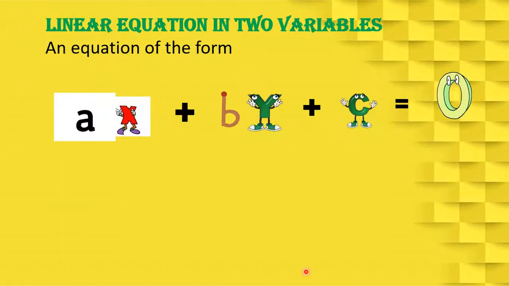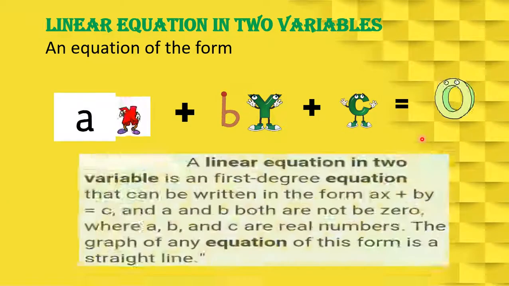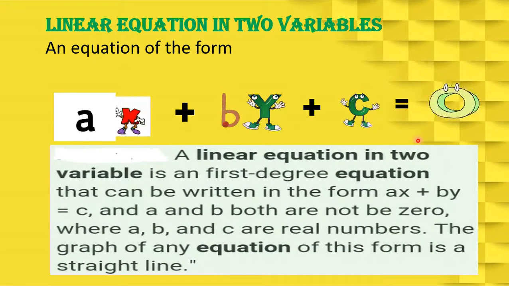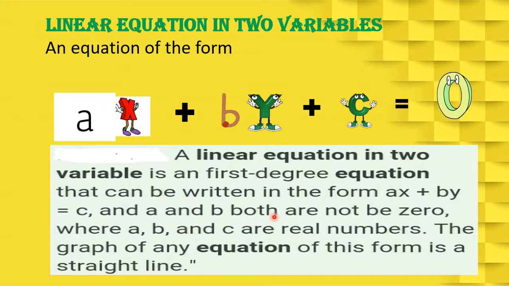So the general form of the linear equation is ax plus by plus c is equal to 0. We can define a linear equation in two variables as a first degree equation that can be written in the form ax plus by is equal to c, or ax plus by plus c is equal to 0.